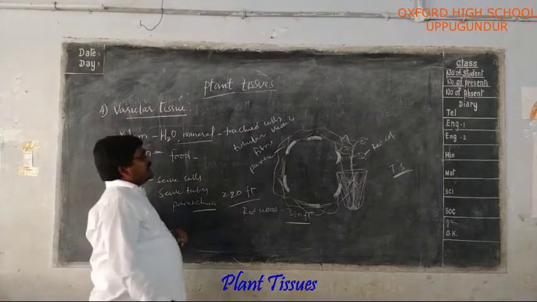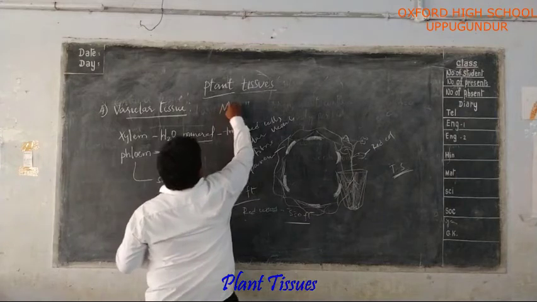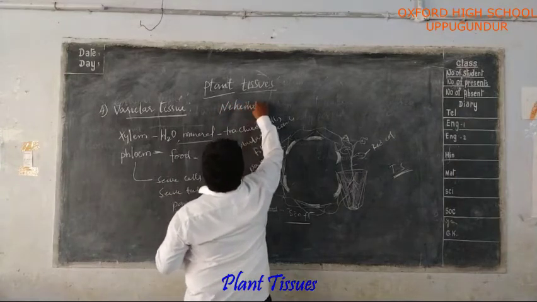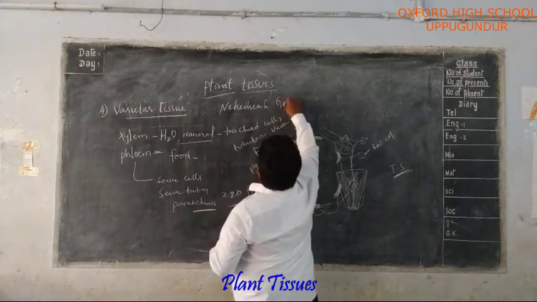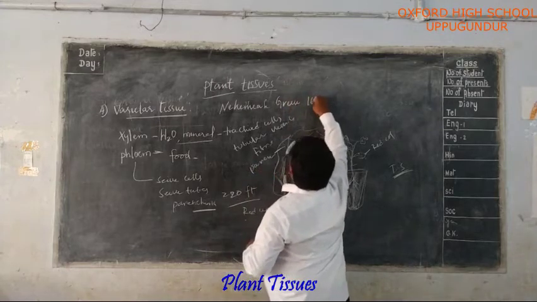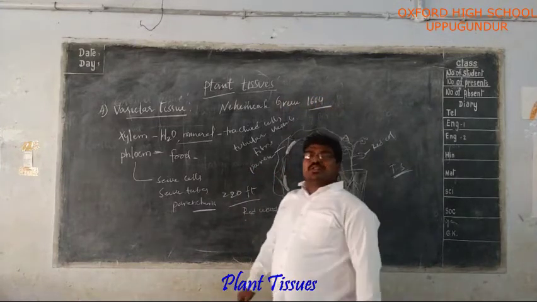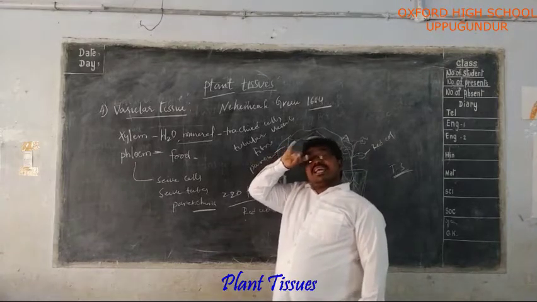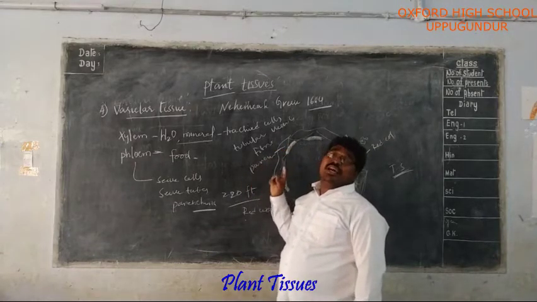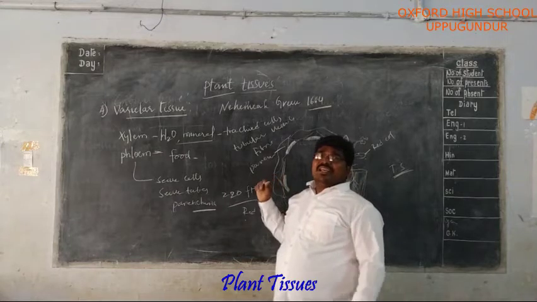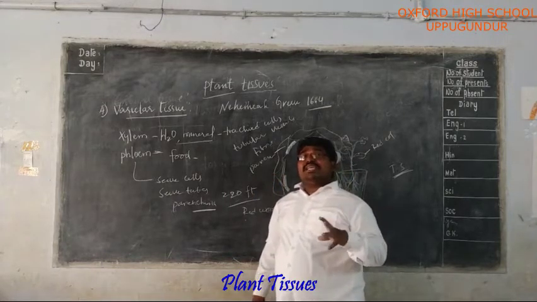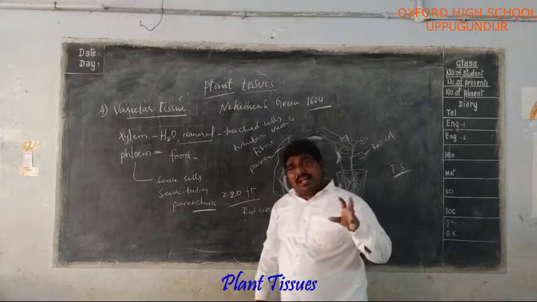One of the scientists was named Nehemiah Grew, in the year 1664. He was a physiologist in the Royal Society of London. He began to study the different parts present in the plants.